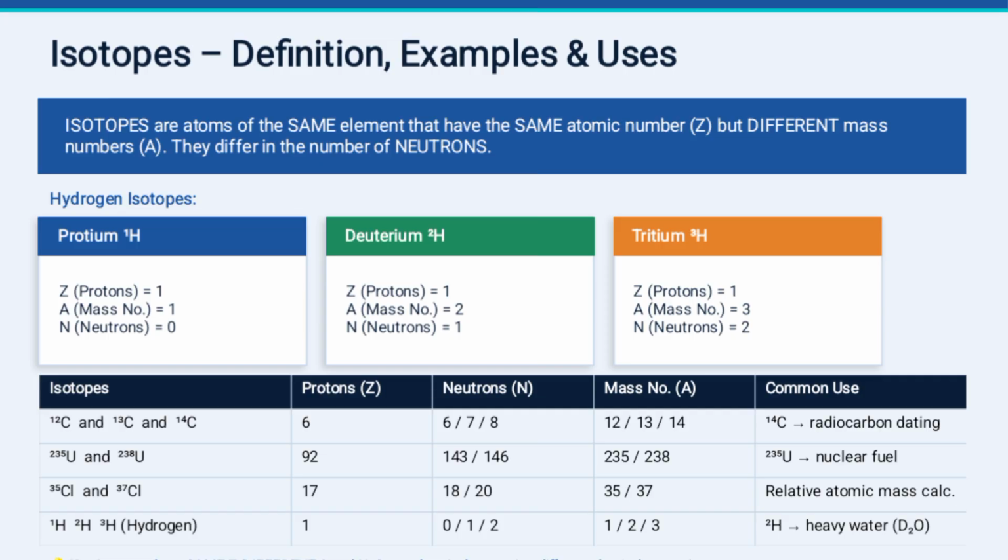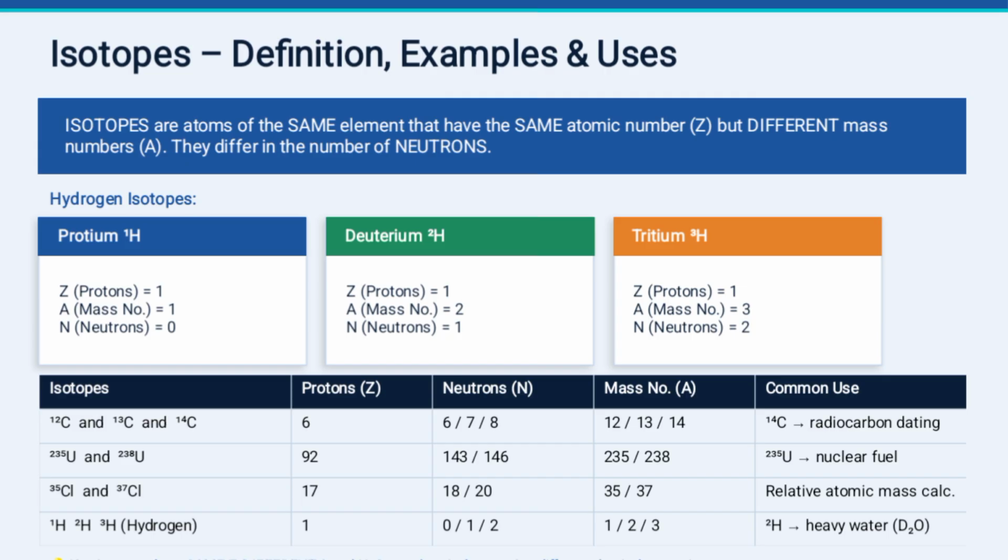So here you have proton is 1, electron is 1, neutron is 0. For deuterium, proton is 1, or the atomic number is 1, the mass number is 2. So proton is going to be 1, electron is going to be 1, but the neutron is going to be 1. That's mass number minus atomic number, 2 minus 1, which is 1.